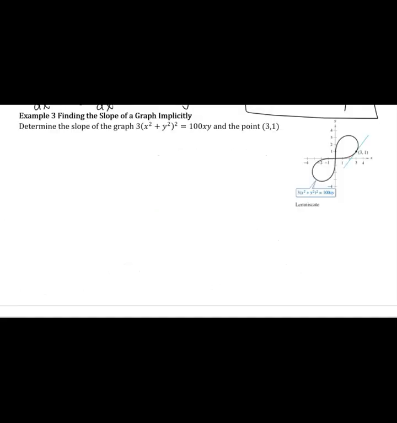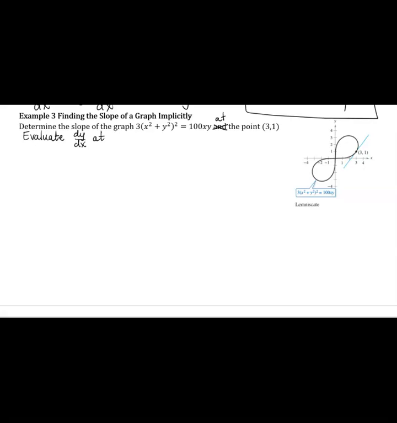In example 3, we are being asked to determine the slope of the graph given by this equation at the point 3, 1. First thing we have to do is be able to decipher that when this says determine the slope of the graph, that means the exact same thing as find, or rather evaluate, the derivative, which is dy dx, at the point that they gave us, 3, 1.